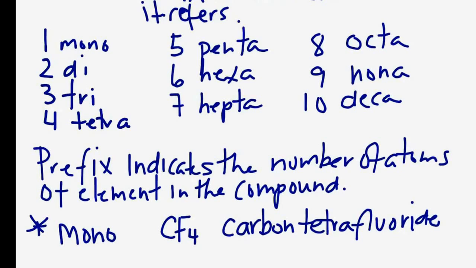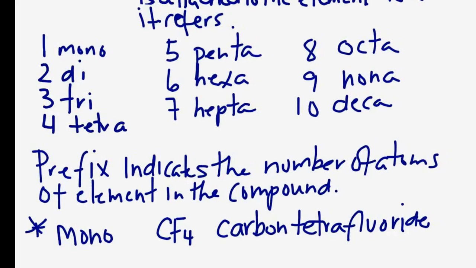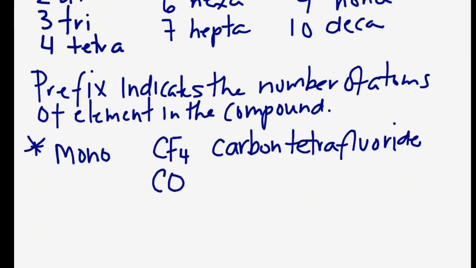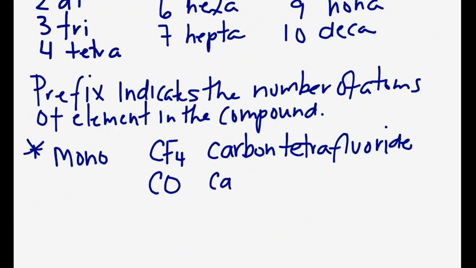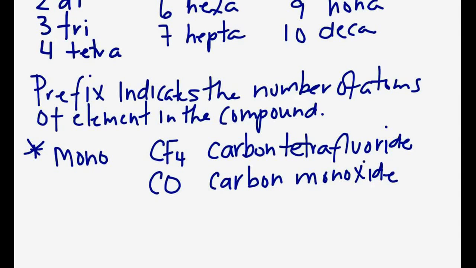So you drop the mono if it's for the first atom in the formula. CO is carbon monoxide, not monocarbon monoxide.